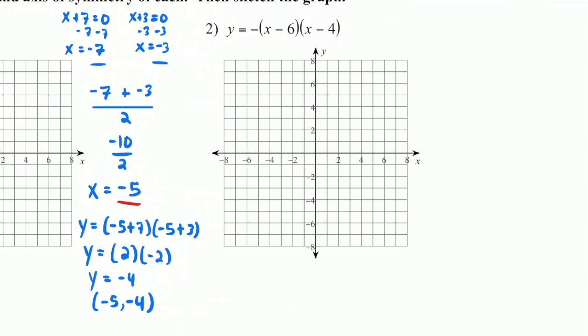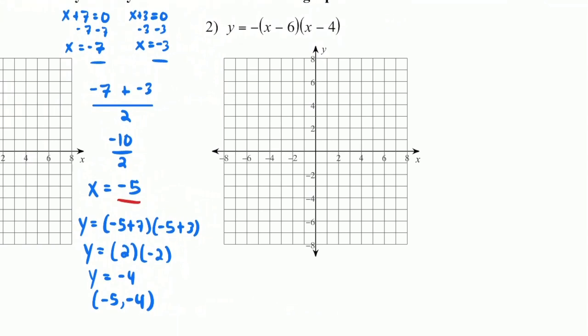Okay, so same process here. I'll set my x-intercepts equal to 0. So I'll have x minus 6 equals 0. I add 6, so I get x is equal to a positive 6. And I'll do the same thing with x minus 4. So I'll get plus 4 on each side.